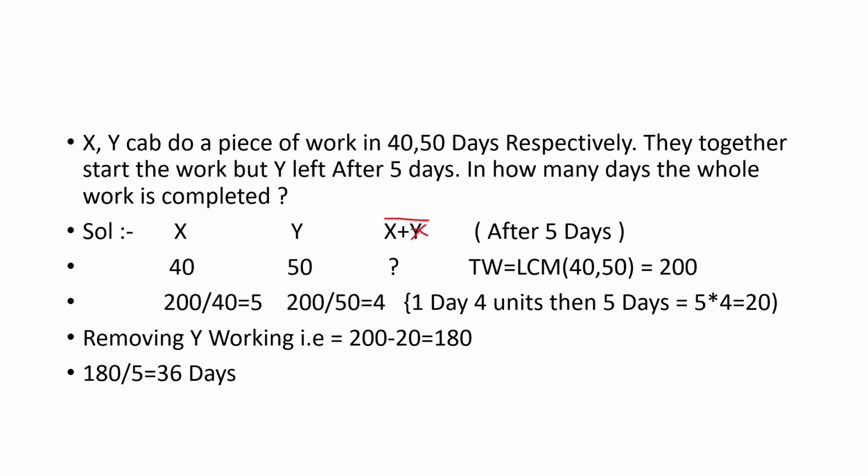Now, from here, we observe that X and Y can do a piece of work in 40 and 50 days respectively. So X can do the work in 40 days and Y can do the same work in 50 days. They start the work together, but Y left after 5 days.